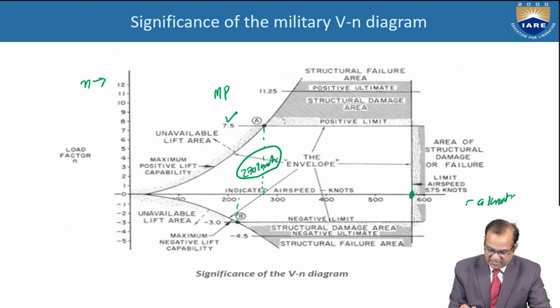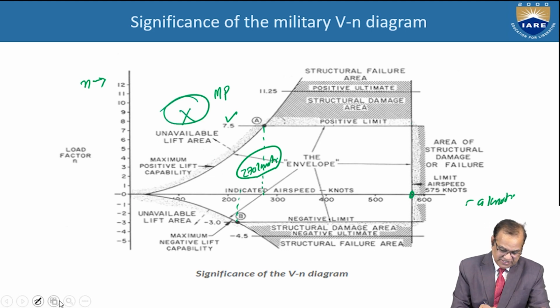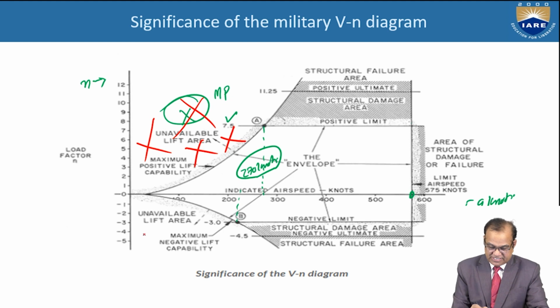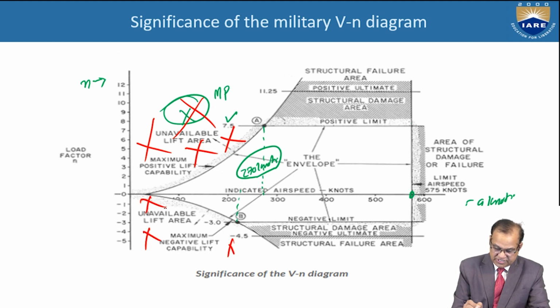If I drop from here, so maximum positive capability from here to here. Unavailable lift area. This area is not useful. This is the danger zone. This area is not useful for flying operation. This area is also not useful. This area is also unavailable lift area.